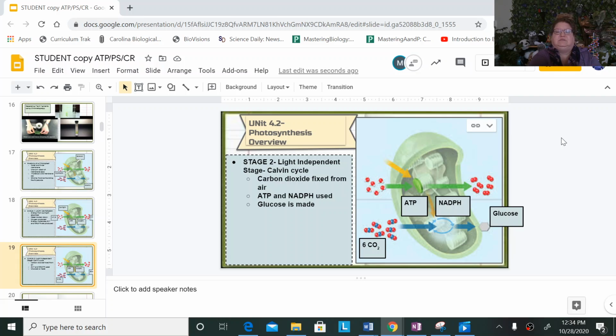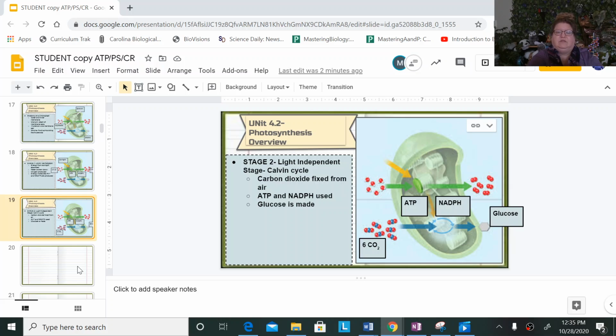And so what you're going to see in the light independent reaction is carbon dioxide. Again, follow along on your slides. Go ahead and move your labels. Carbon dioxide is captured in that Calvin cycle and used to make glucose. So that is our goal in our light independent reaction.